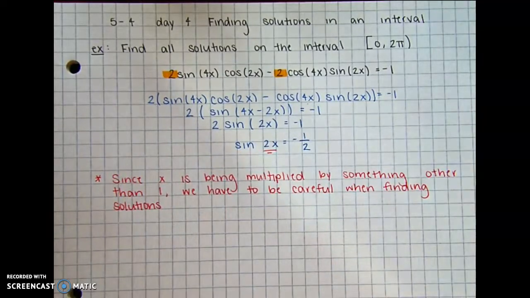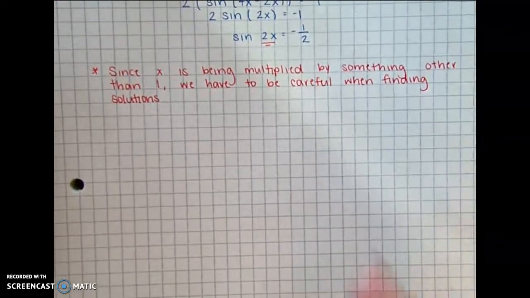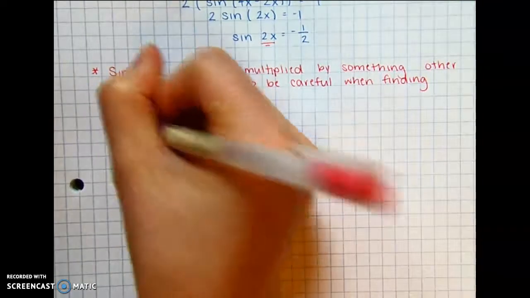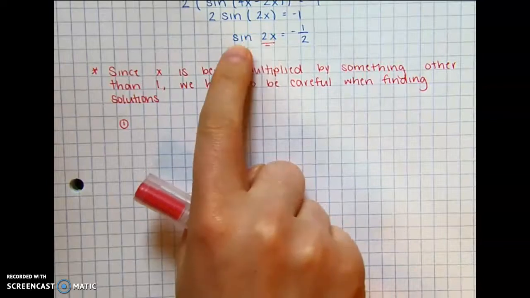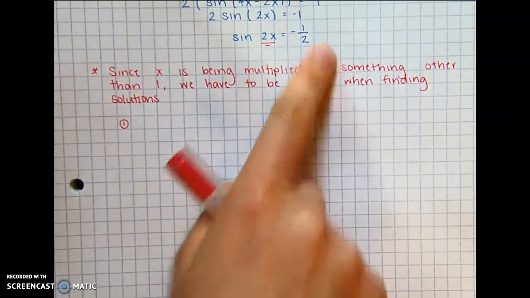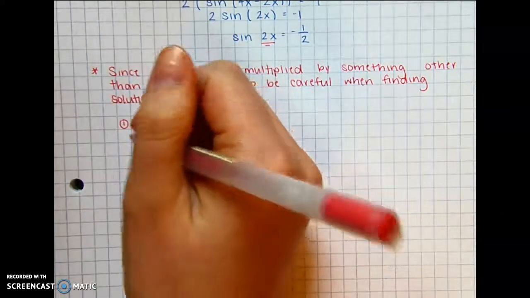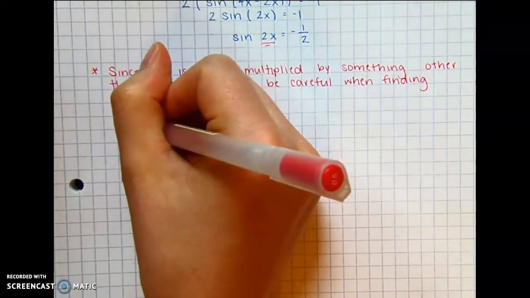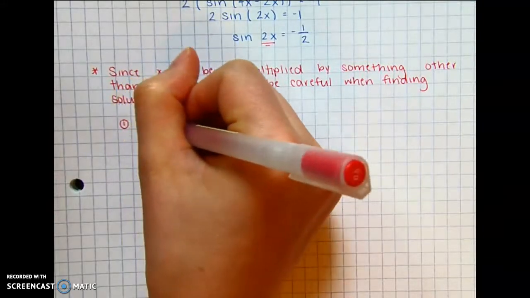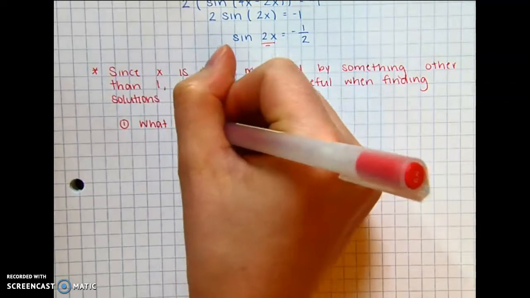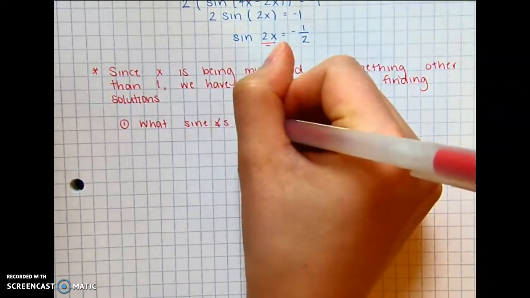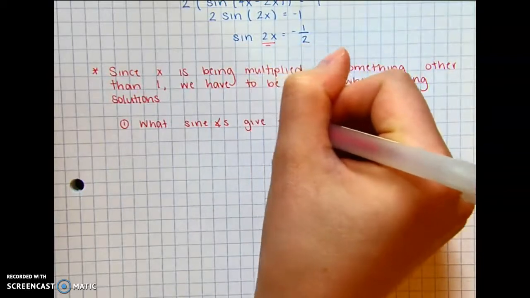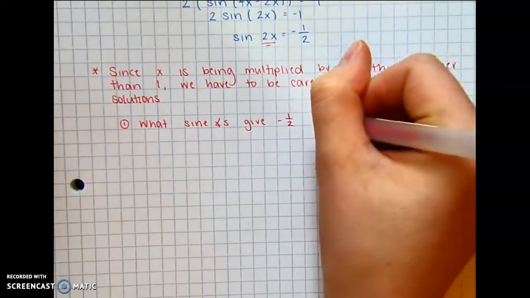So the first thing you're going to do is figure out, if we just ignore this 2, what values of sine will give us -1/2. So what sine angles give -1/2 as a solution?